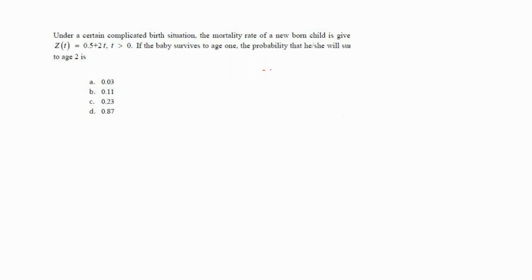So it is given here Z of t is equal to 0.05 plus 2t. So now Z of t is a function given as mortality rate. We try to find the reliability parameter, and that one depends on this rate.